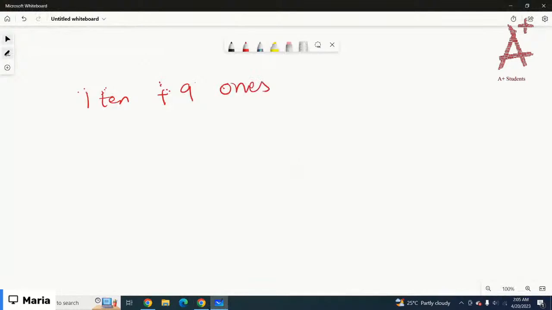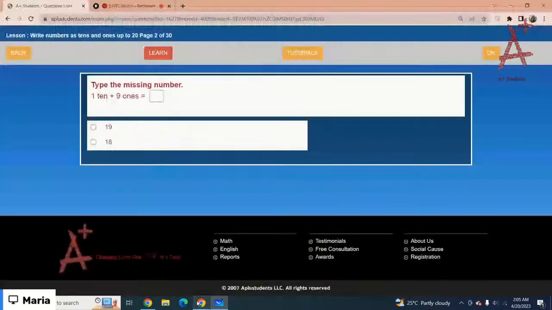I'm talking about these words, ones and tens, written in words rather than numbers. They tell you the position of these numbers. That means the 9 is at the ones position and 1 is at the tens position. So when you write them together, they make 19. That means the number is 19. So just select the correct option and click on the okay button.